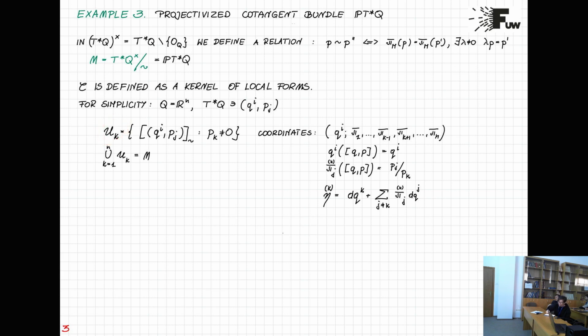coordinate domains, and they are numbered. There are as many of them as the dimension of our manifold Q, which is n in this situation, and each coordinate domain consists of all the equivalence classes such that the coordinate of a covector, which is in agreement with the number of the coordinate chart, is not zero.